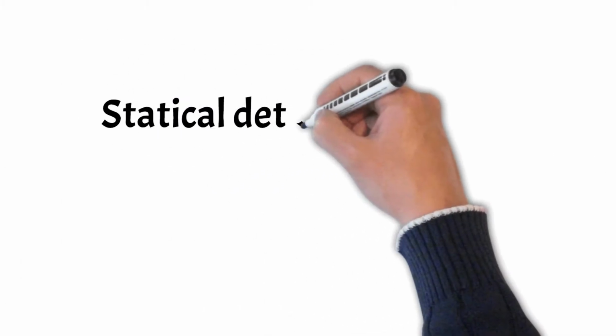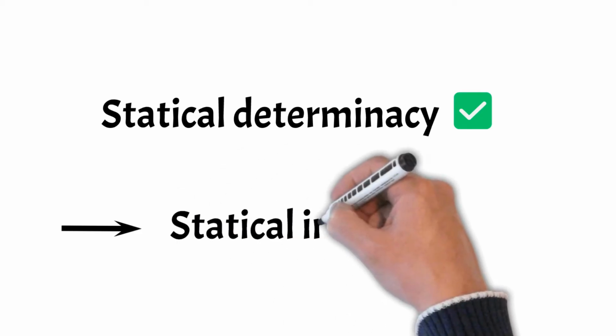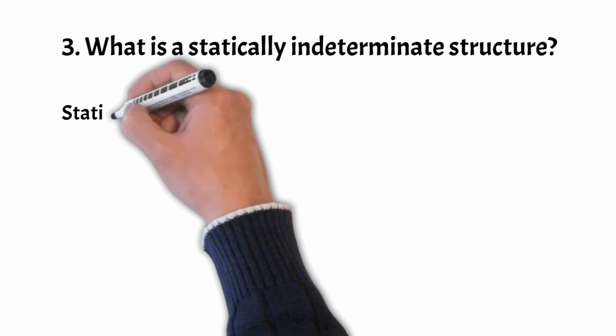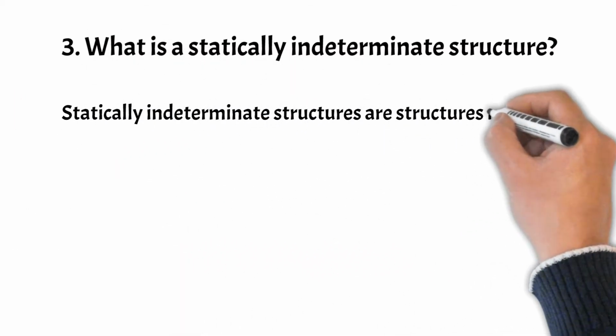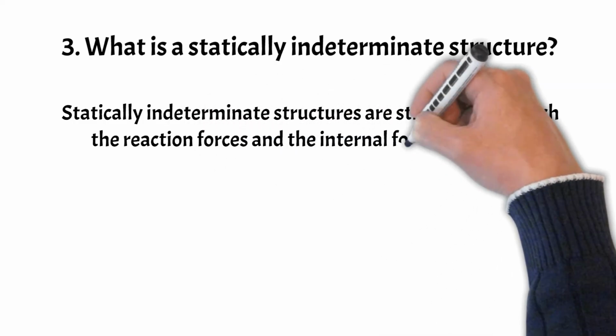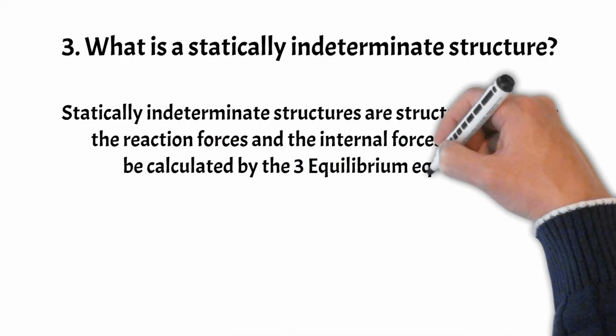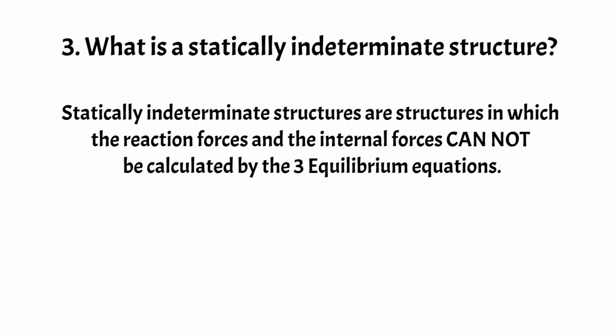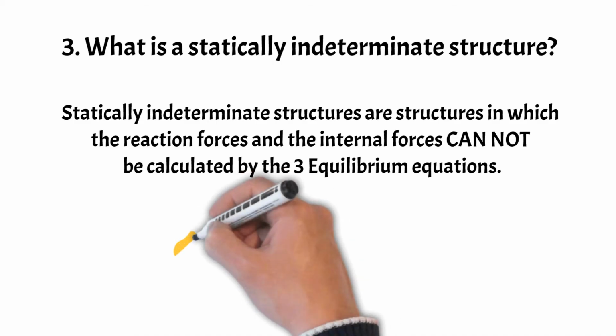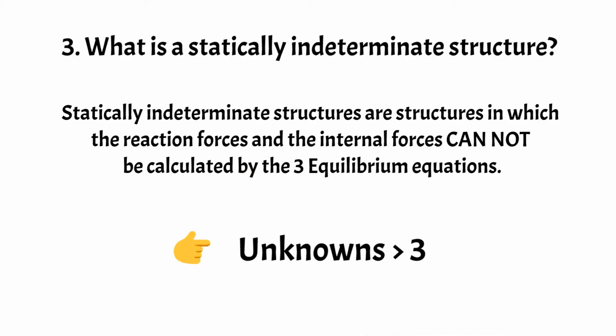Alright, so now that we know what statical determinacy is, let's find out what statical indeterminacy is. Statically indeterminate structures are structures in which the reaction forces and internal forces cannot be calculated by the 3 equilibrium equations. When trying to solve the 3 equilibrium equations for an indeterminate structure, you will experience that you have 4 or more unknowns for only 3 equations.